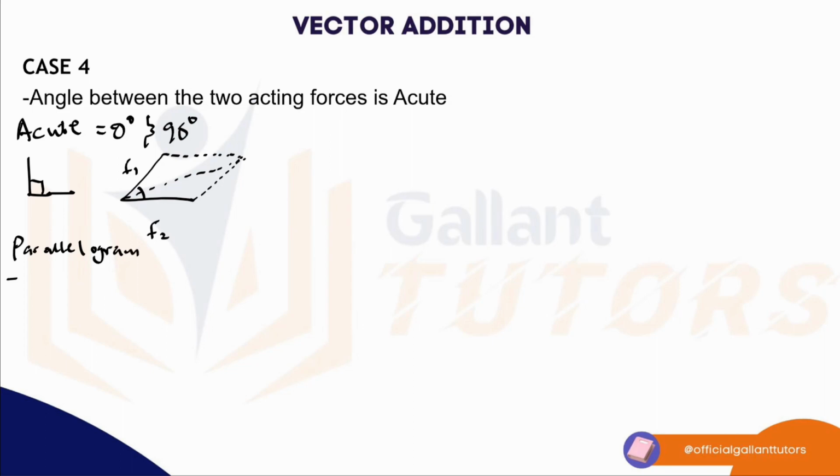Okay, so under parallelogram, opposite sides are equal. Opposite sides are equal. Opposite sides are parallel too. Opposite sides are parallel, right? Opposite angles are equal. Opposite angles are equal, right? Okay, good. So if this is F1, this is F2, since I said the opposite sides are parallel, opposite sides are equal, right?